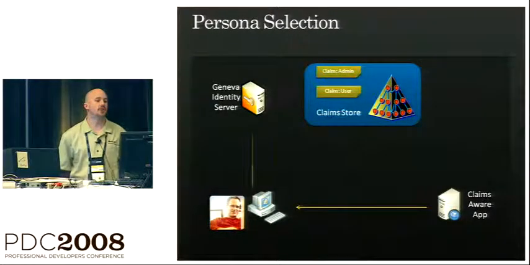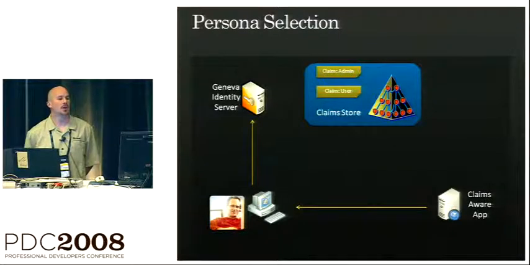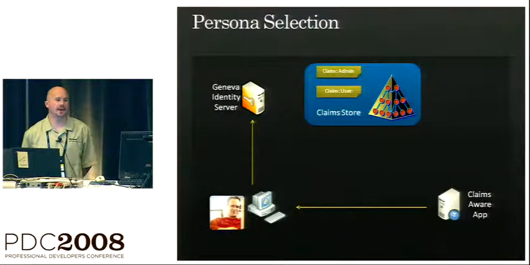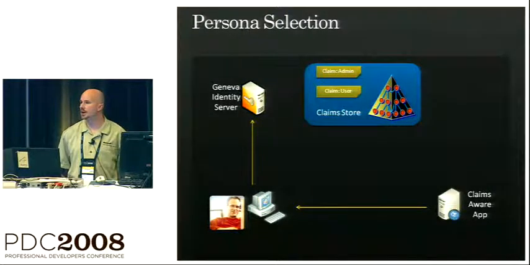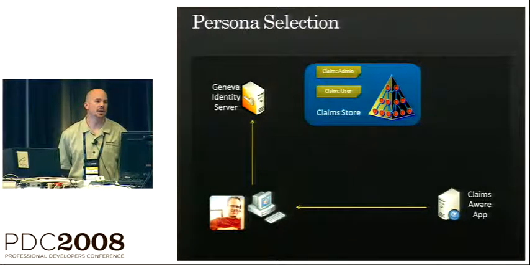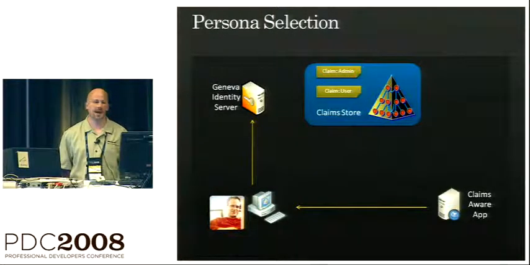They select one of those, and as I said earlier, when CardSpace goes to contact the identity server, it also provides the card ID of the card that was selected by the user. And this allows the identity server to make choices about the kind of token that it emits on behalf of this user based on the particular card that was selected.